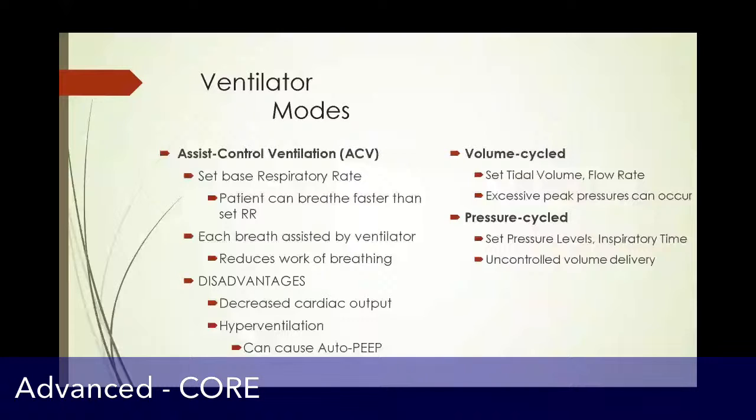Then there are 2 basic decisions that you have to come up with when you are choosing assist control ventilation. Do you want this to be volume cycled, or do you want this to be pressure cycled?